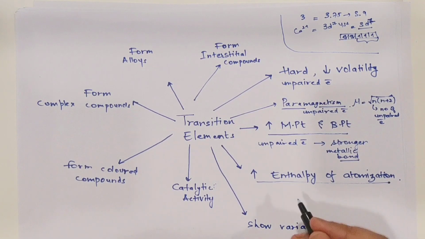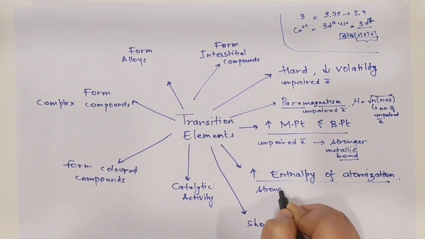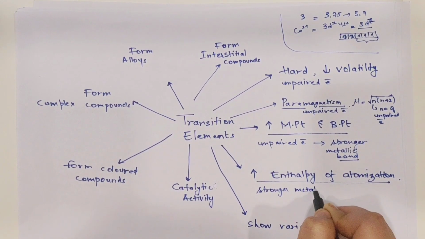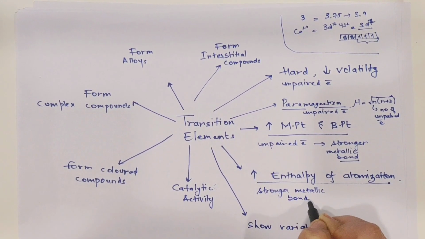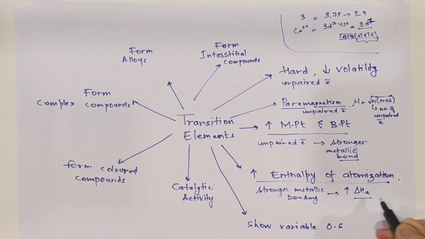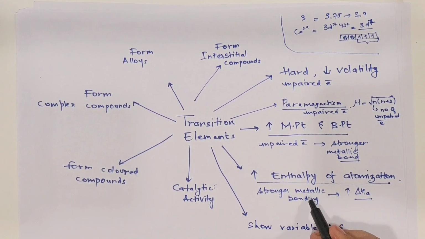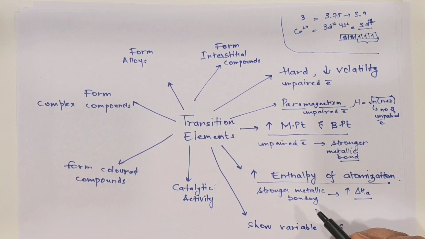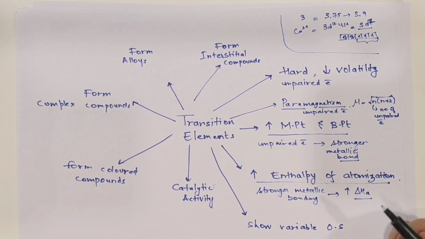So obviously, stronger the metallic bonding means higher enthalpy of atomization. Stronger metallic bonding would be a direct result of number of unpaired electrons. More the number of unpaired electrons, stronger would be the metallic bonding, and therefore higher would be the enthalpy of atomization.